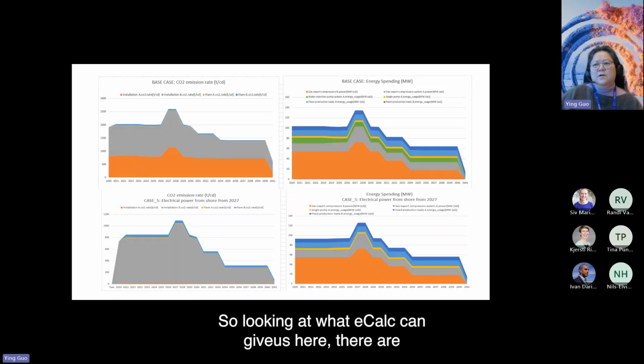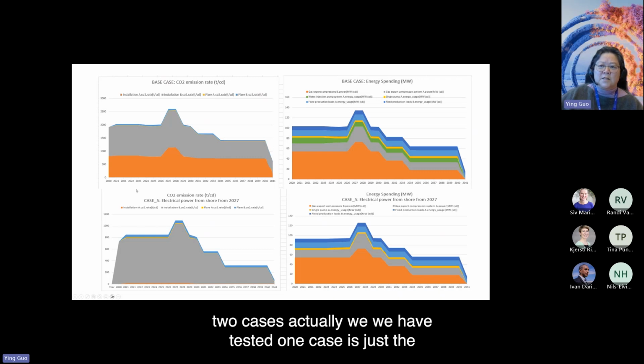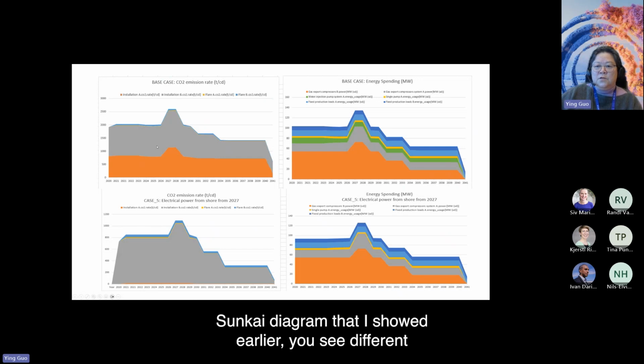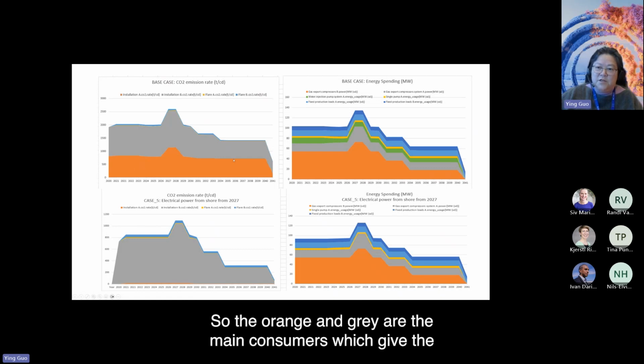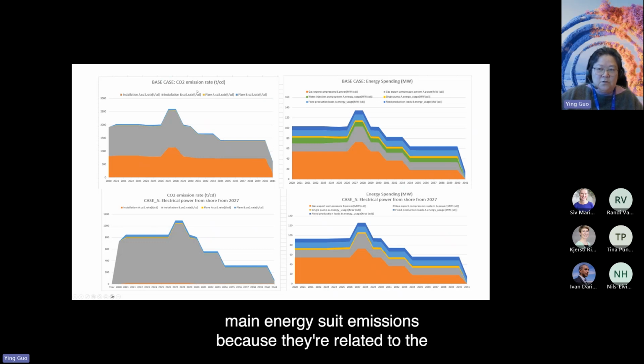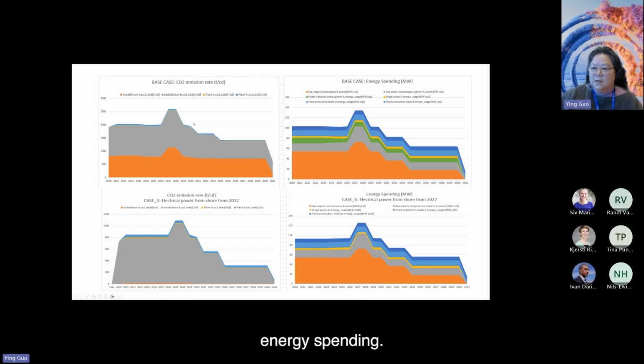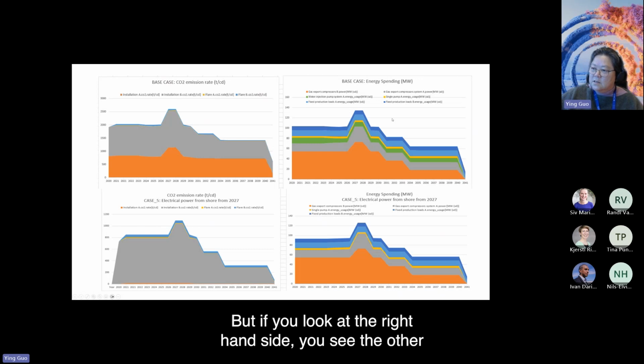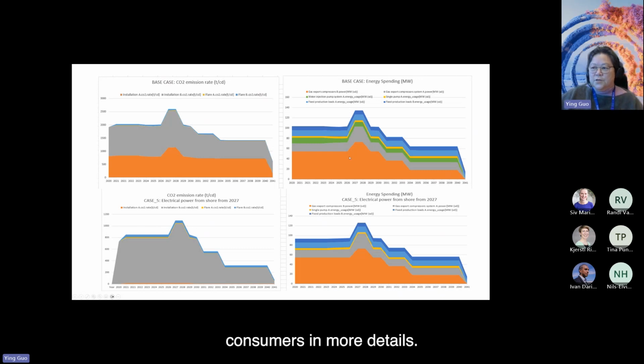So looking at what eCalc can give us, there are two cases we have tested. One case is just the Sankey diagram that I showed earlier. You see different consumers of energy, with two installations. The orange and gray are the main consumers, which give the main energy-related CO2 emissions. But if you look at the right-hand side, you see the other consumers in more detail.